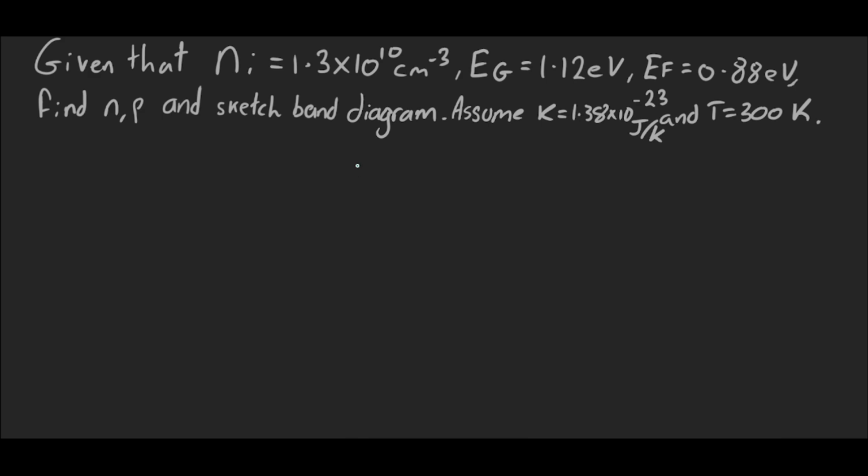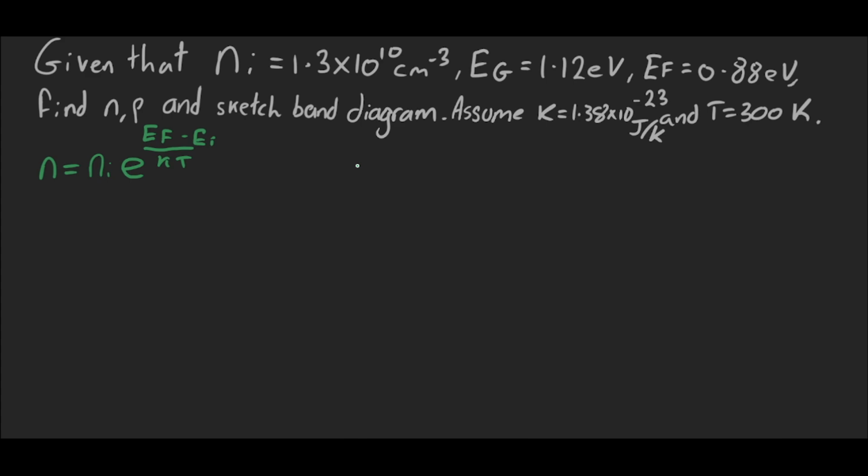Okay, let's start by finding the electron concentration. As you may recall, N is equal to Ni times e to the power of (Ef minus Ei) divided by kT.